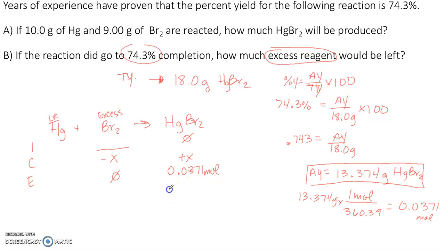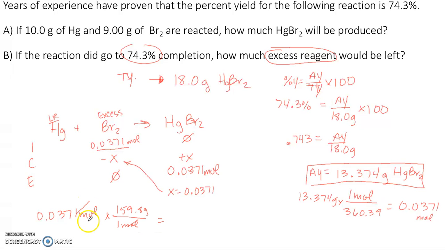When we solve for x on this side, x is equal to 0.0371. When we plug this in here, we end up with 0.0371 moles. Then we take that number, 0.0371 moles, and multiply it by the mass of bromine, Br2. The mass of 2 bromines is 159.8 grams over 1 mole.